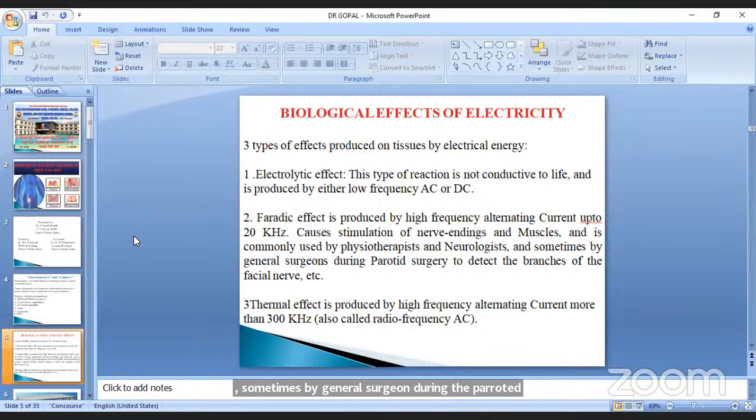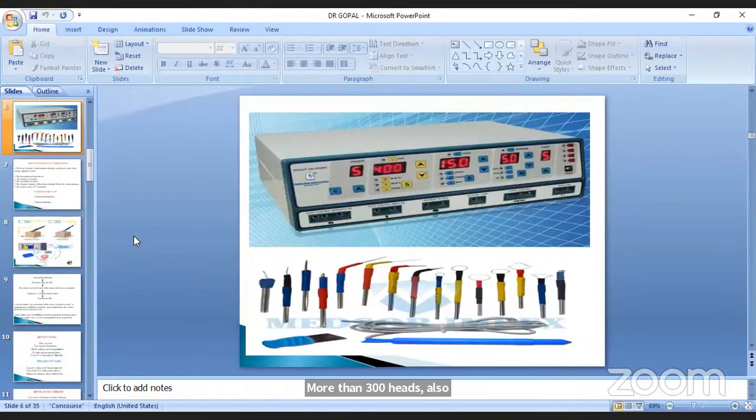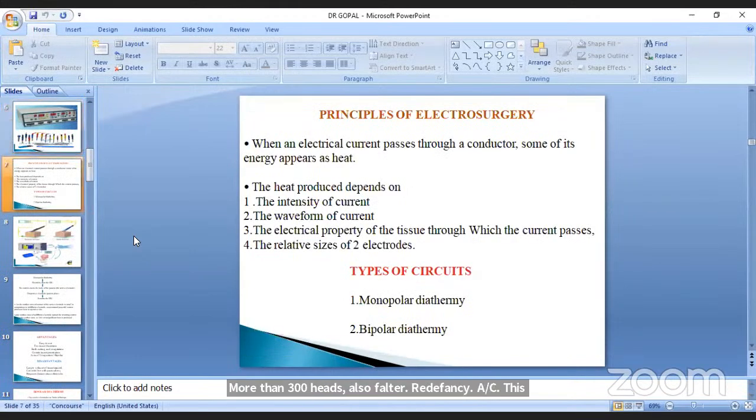The thermal effect is produced by high frequency alternating current of more than 300 kHz, also called radio frequency AC. This is the radio frequency machine.